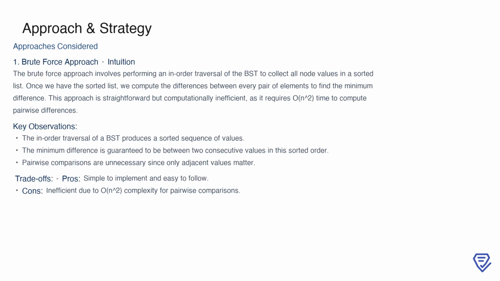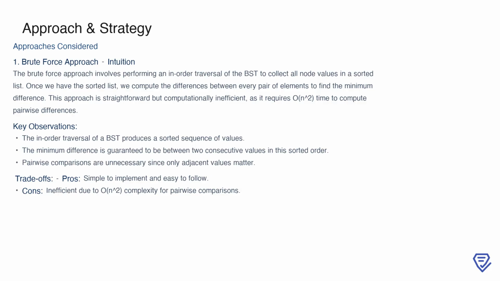To begin, the brute force approach involves performing an in-order traversal of the BST to collect all the node values in a sorted list. Since the in-order traversal of a binary search tree naturally produces a sorted sequence of values, this step ensures the values are processed in order. Once we have the sorted list, we calculate the differences between every possible pair of elements to determine the minimum difference.